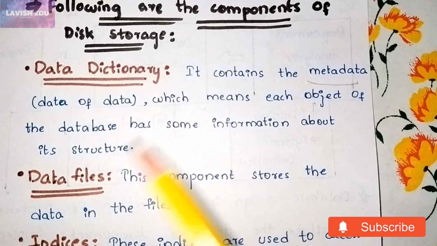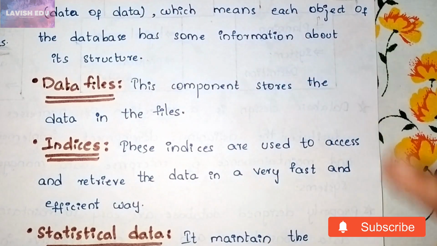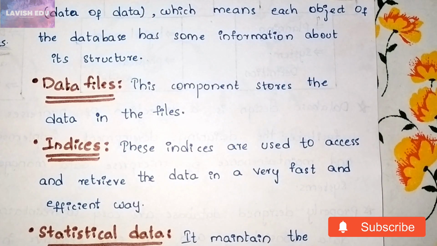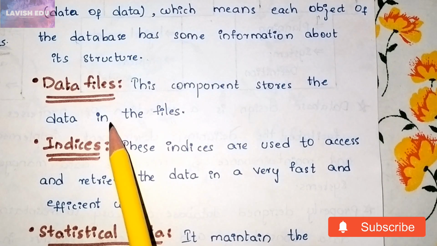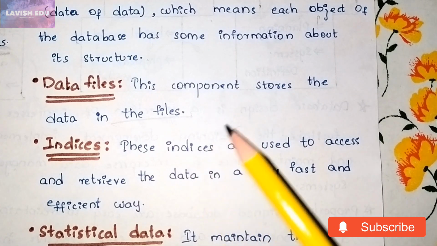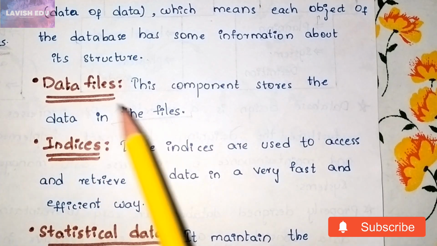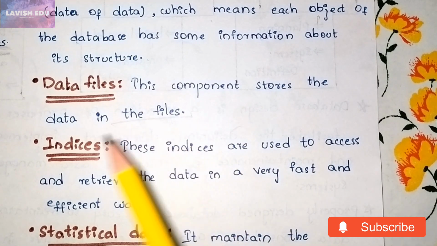What data and how the information is stored, this kind of information can be seen in the data dictionaries. And data files are nothing but components that store the data in files, like a file manager. As the file manager stores the records, it stores them directly in the overall database.